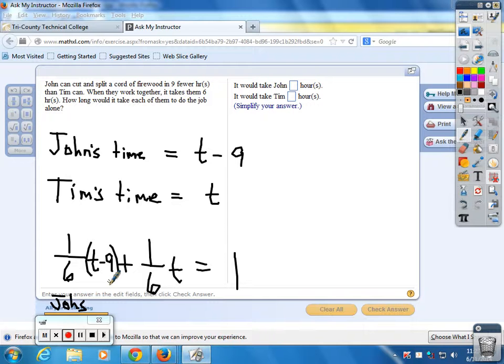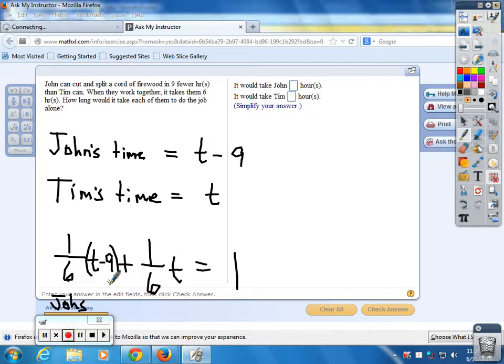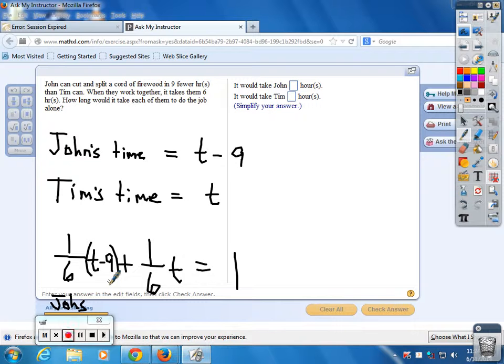Now you've got what you need to get started. Is that how we did it the other day? What did we do? You put 6 over T minus 9 and 6 over T equals 1. Okay, you could do it that way also. As long as you've got the T minus 9 in there with the 6 and it's consistent, you can do that.